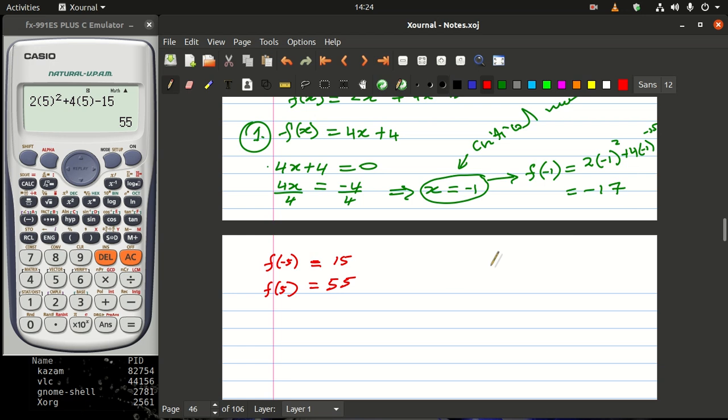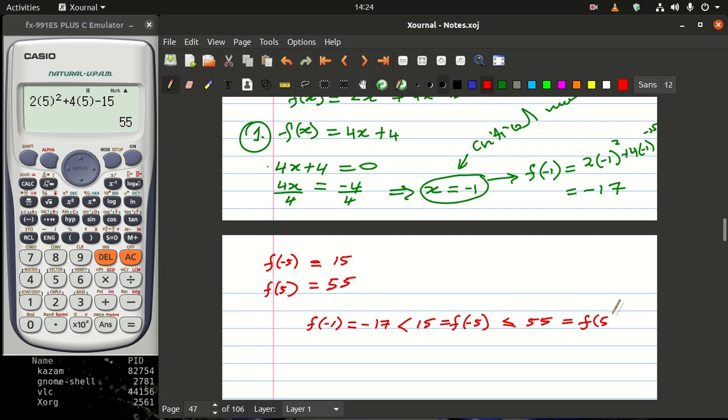We have f of minus 1, which is minus 17, and minus 17 is less than 15, and 15 is equal to f of minus 5. And 15 is also less than 55, and 55 is the same as f of 5.